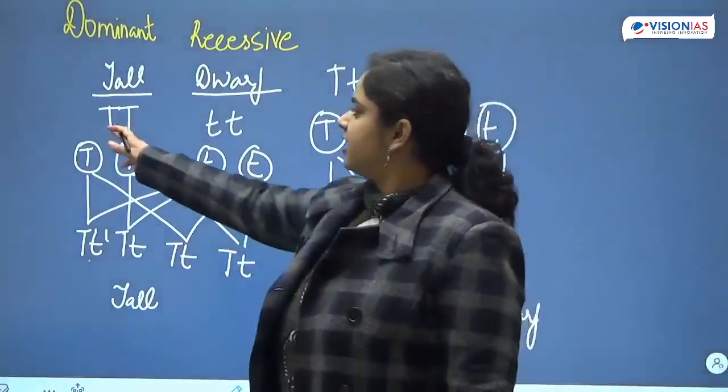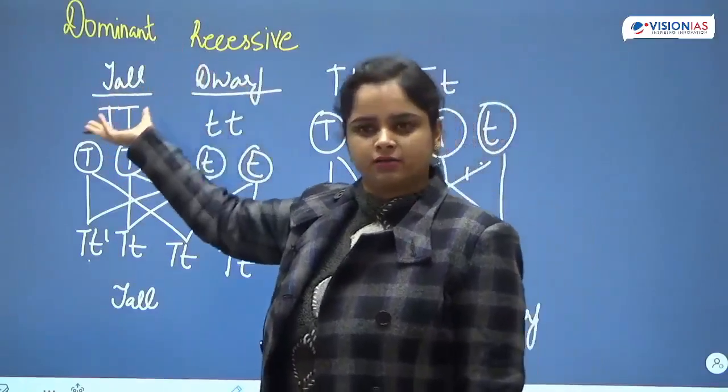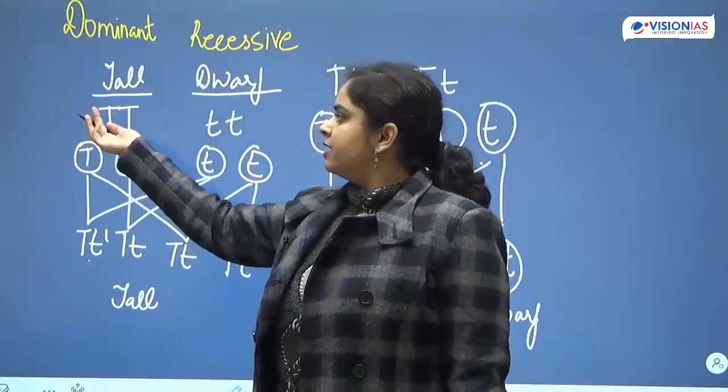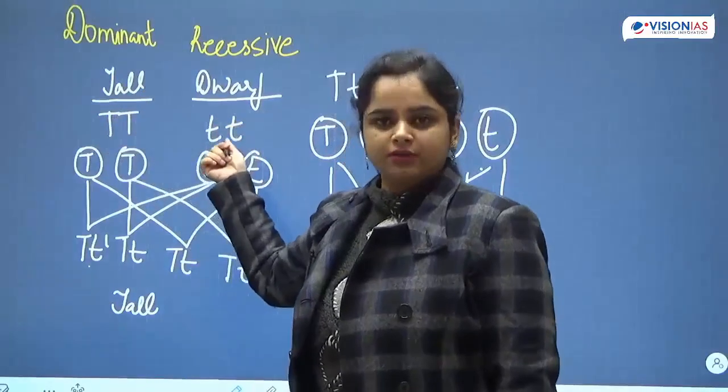Two factors क्या हमने लिखे हैं? T and t. We are talking about the character. Character क्या है? Height. Height में we are talking about two contrasting traits, tallness and dwarfness.